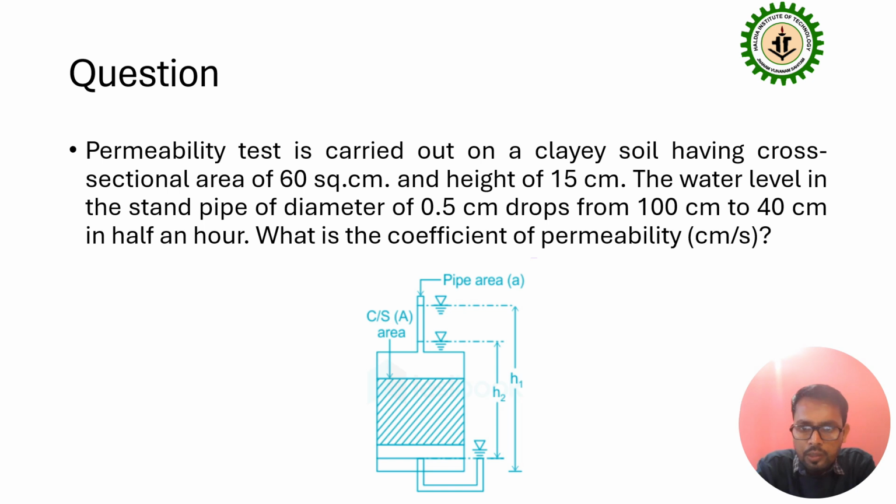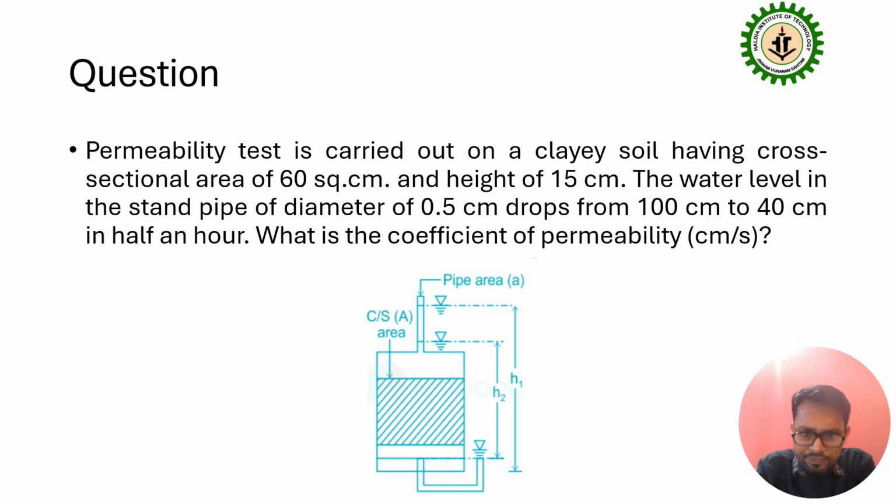What is the coefficient of permeability? Now from this figure, which formula do you have to apply? Here the head is variable, that means you have to apply the formula for the falling head permeability test.